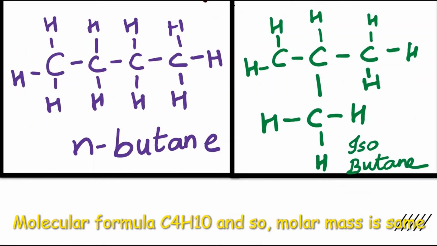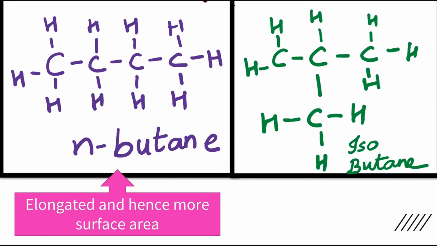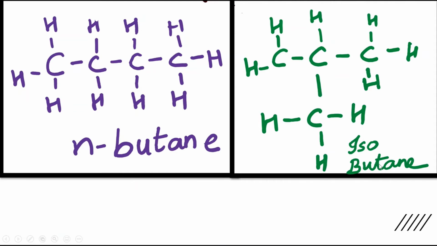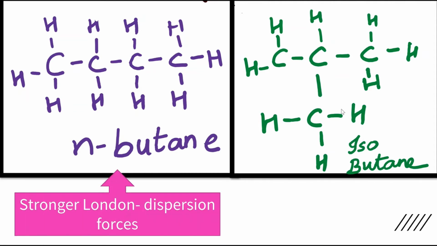If you look at the structure, this one is much more elongated, and this one is much more compact. Since N-butane has an elongated structure, it will have more surface area and take more space as compared to isobutane. That results in stronger London dispersion forces, because with more surface area it has more exposure of the electron cloud.